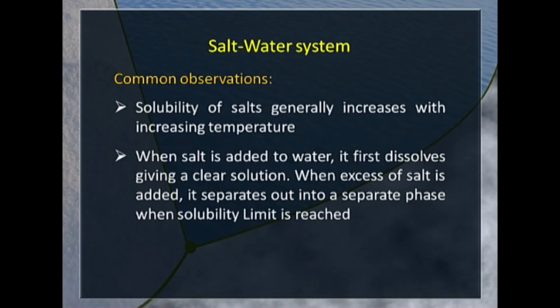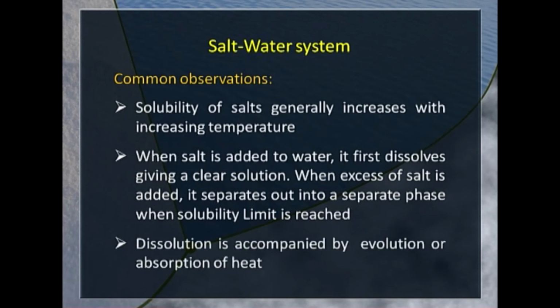This is nothing but a part of the phase diagram. One important observation you might have made even at home, that dissolution of salt is accompanied by evolution or absorption of heat. It may become cooler, or in some cases it may become hotter.